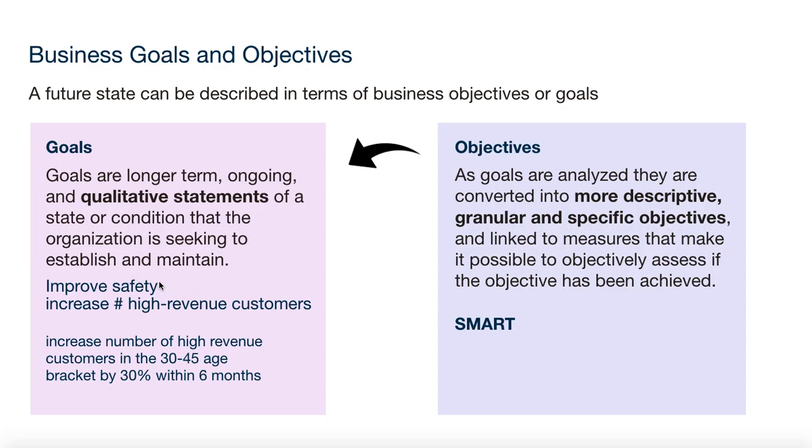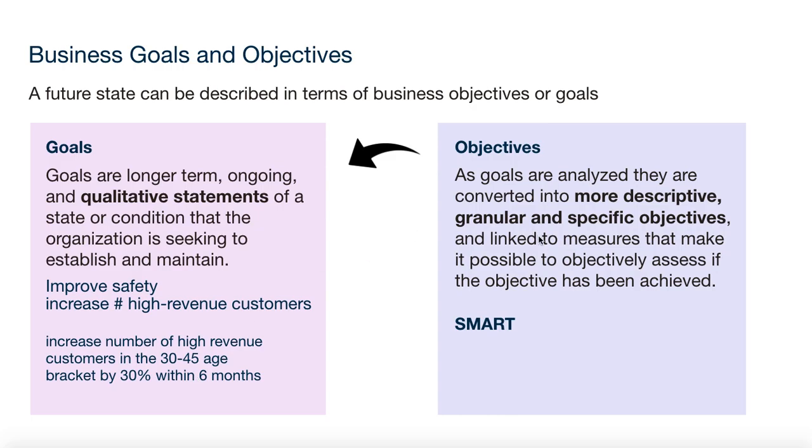But if you want to go in detail, high level goals are more qualitative, but you can go more in detail, such as, let's say the high level one is increasing the number of high revenue customers. If you want to go in detail, you can mention it as increased number of high revenue customers in the 30 to 45 age bracket by 30% within 6 months. So you're being very descriptive, you're being very definite and detailed about what exactly you want to achieve.